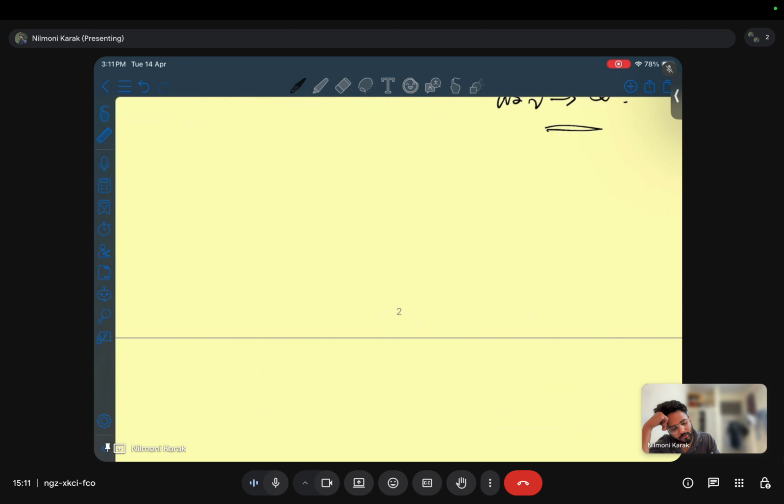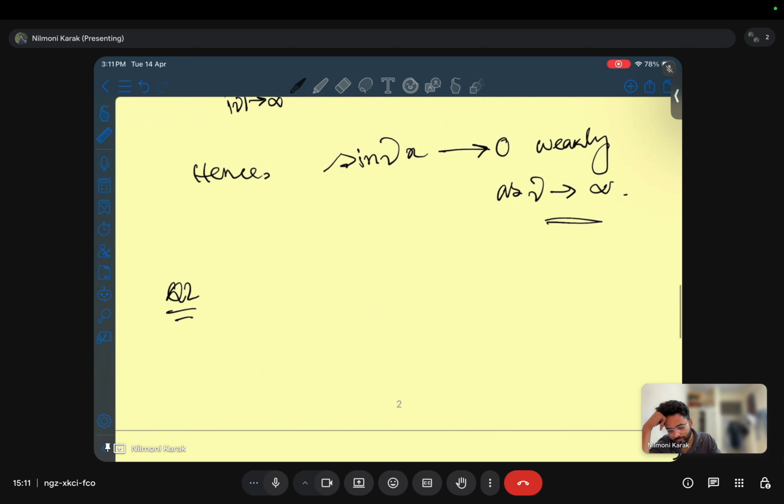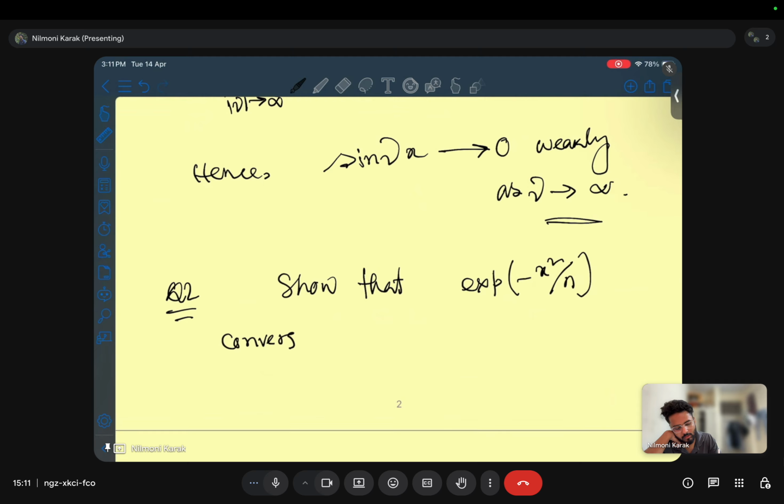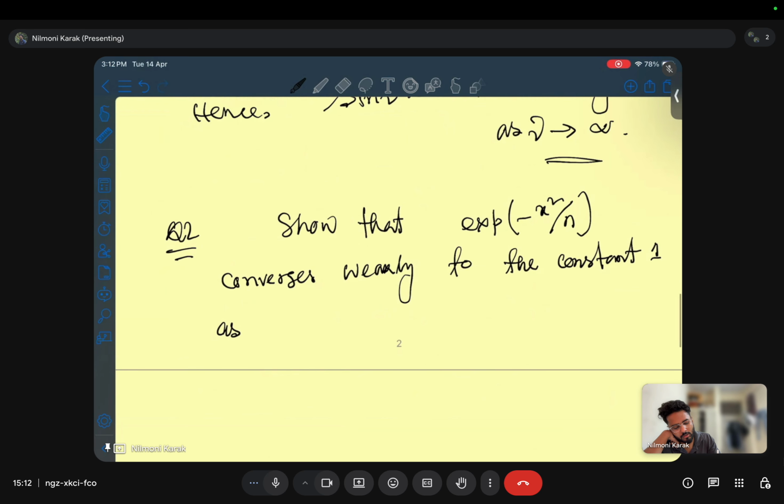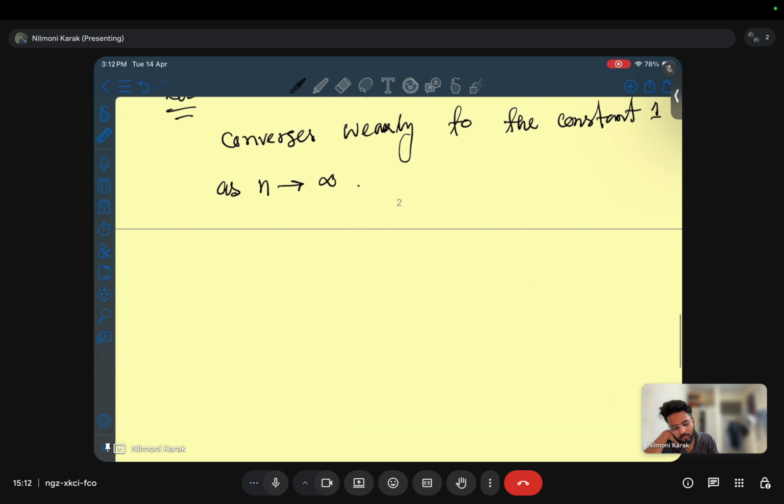Question 2: show that exp minus x square by n converges weakly to the constant 1 as n tends to infinity.